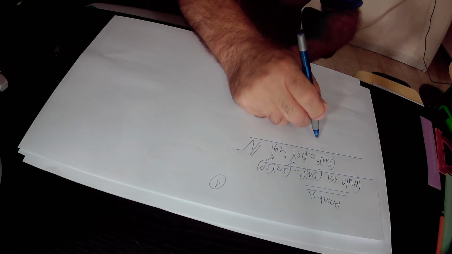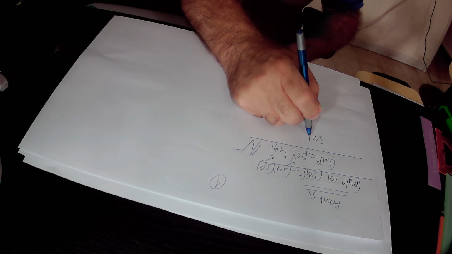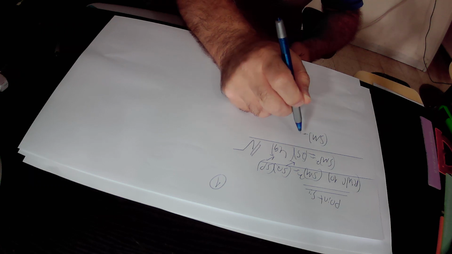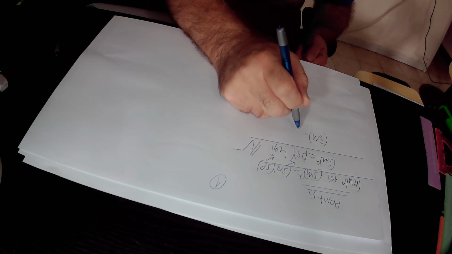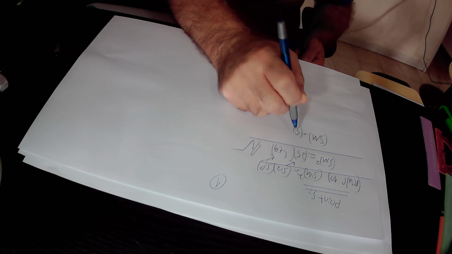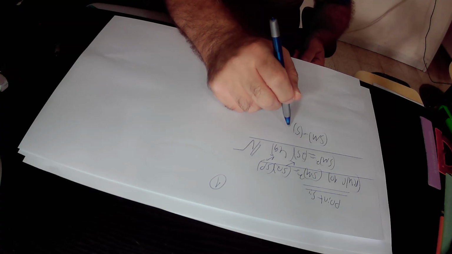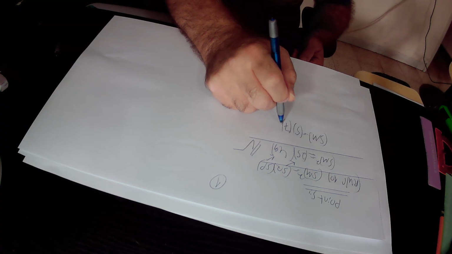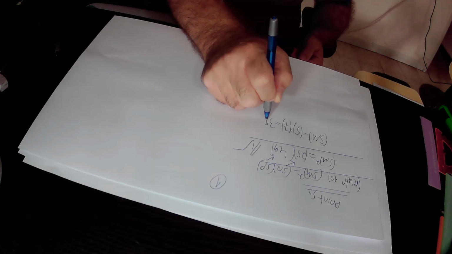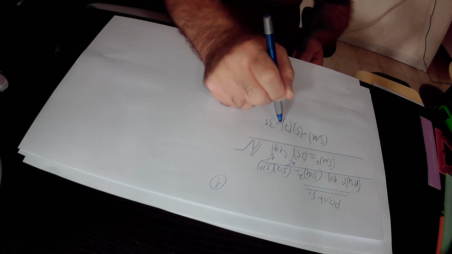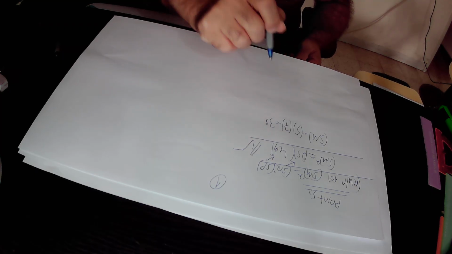And finally we get that the missing tangent SM is equal to the square root of 25, that is 5, times the square root of 49, that is 7. So in total, SM equals to 5 times 7, that is 35.